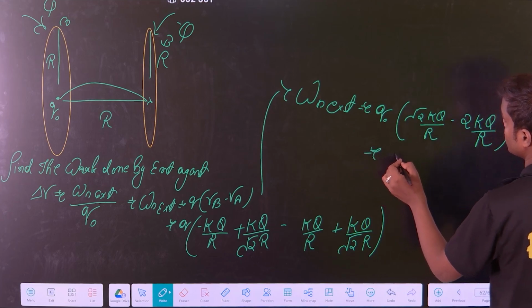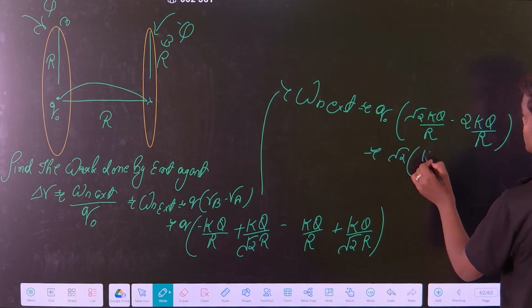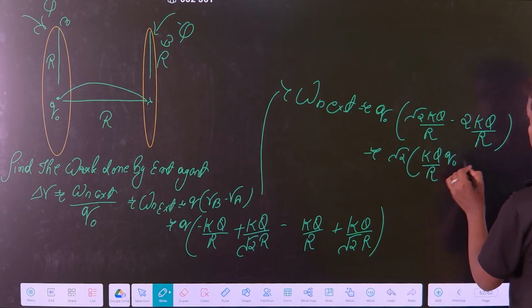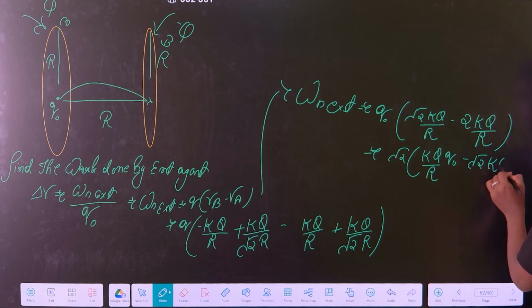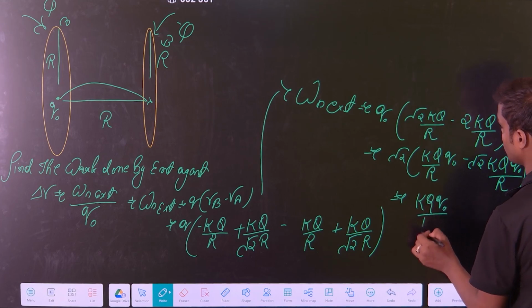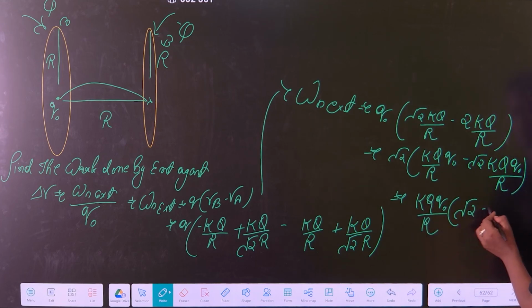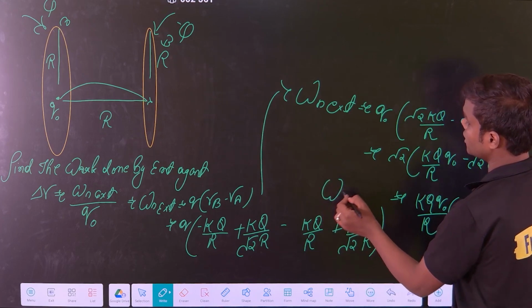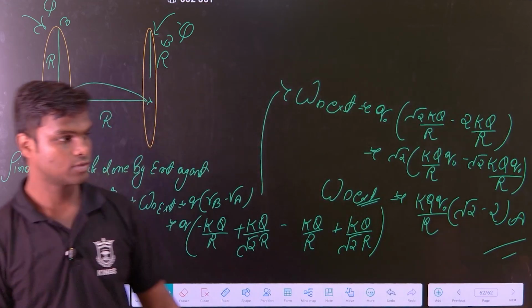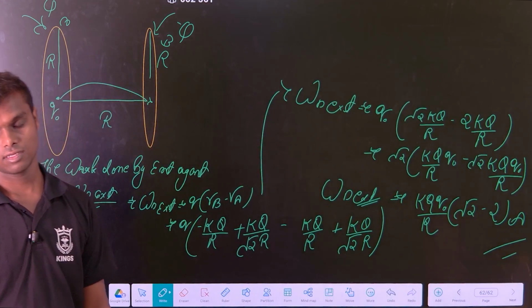Taking root 2 common, you will get kq naught by r into root 2 minus 2. That is the answer. That is the work done by the external agent, correct? Any doubt? So this is the example, clear?